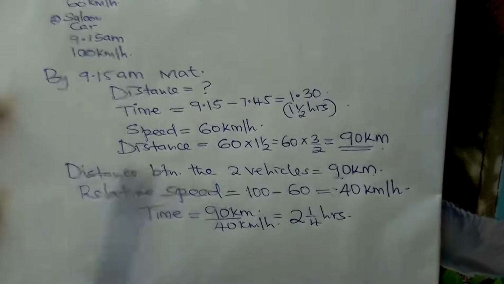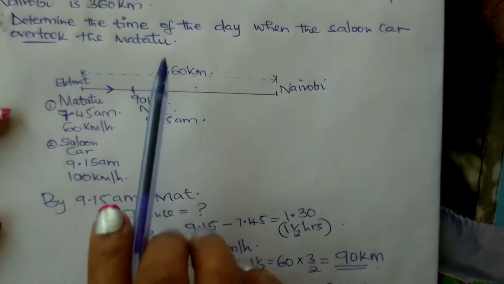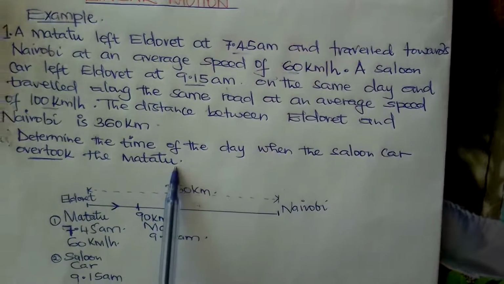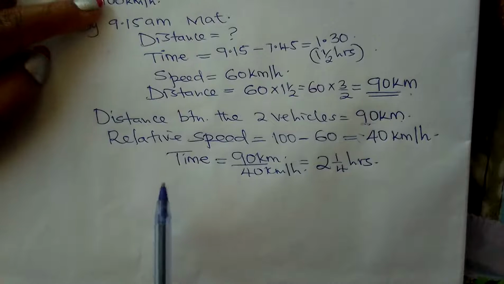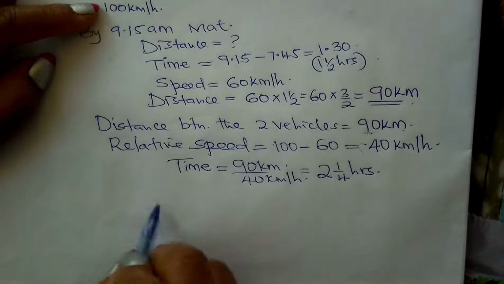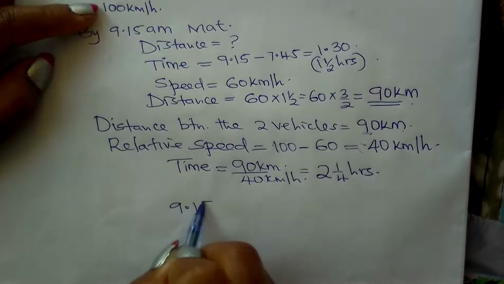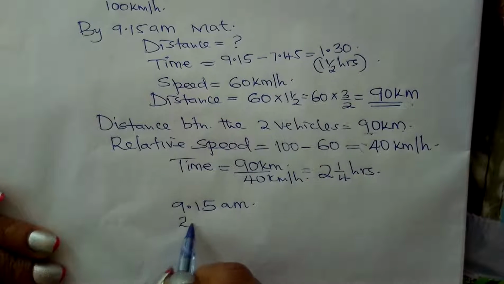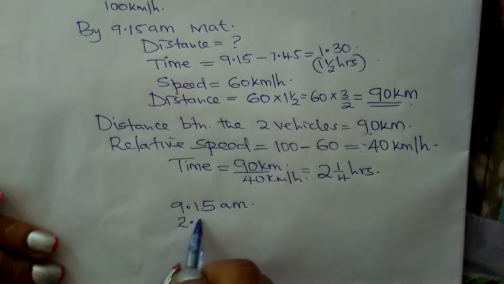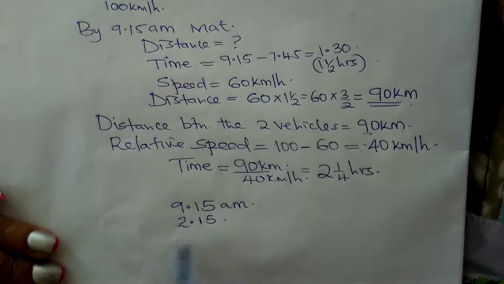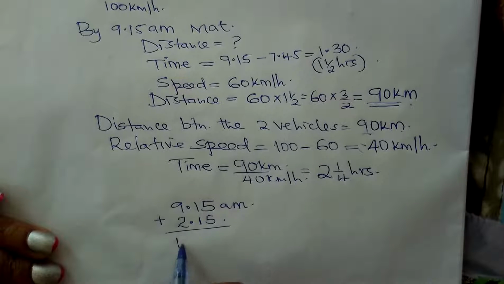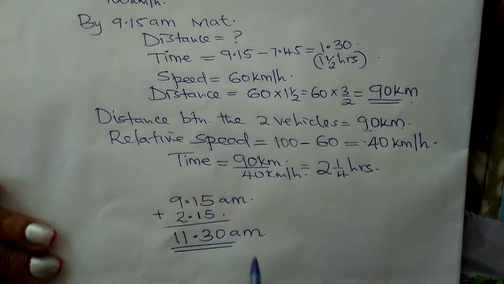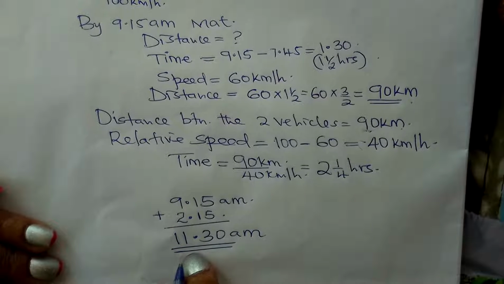Yes, so the question is, determine the time of the day when the saloon car overtook the matatu. So we come back to the time that the saloon car left Eldoret. The saloon car left Eldoret at 9:15 a.m. It overtook the matatu after 2.25 hours. That is 2 hours and 15 minutes. So you add, you get 11:30 a.m. This is the time that the saloon car will overtake the matatu.